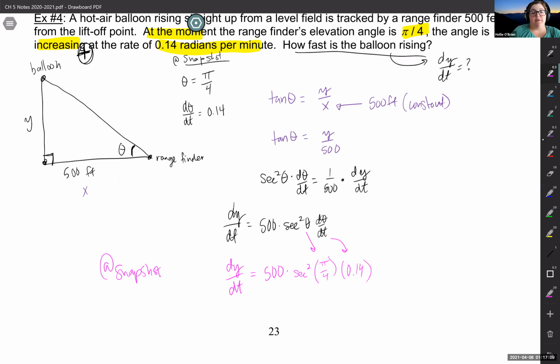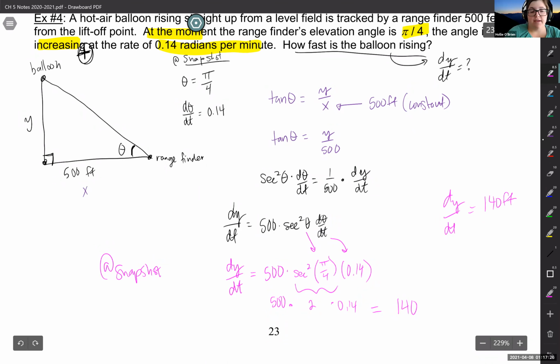So secant of pi over 4 is root 2. So if you square that, you just get 2. So 500 times 2 times 0.14. This is going to be 140. So dy dt is going to be 140 feet per minute. Those are the units. That was a little fast.